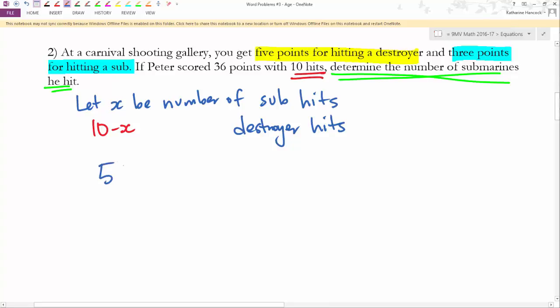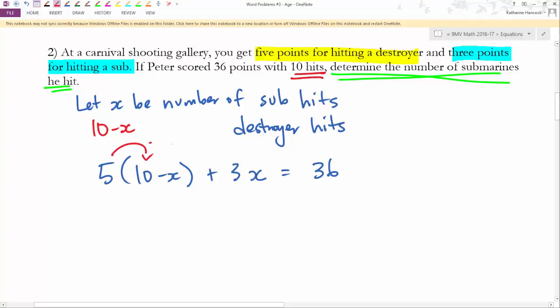So 5 points times the number of destroyers plus 3 points times the number of subs all together was a grand total of 36 points. So basically there I did the number times how many points they got per, added it all together.